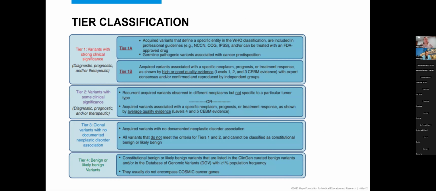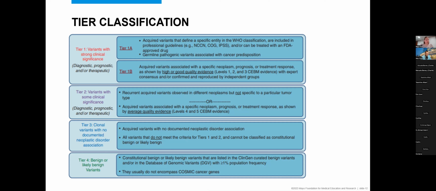So acquired variants and variant patterns, for that matter, that define a specific disease state or entity in WHO or professional guidelines would be a tier 1A. Tier 1B is something that has good quality evidence and has clinical relevance within that specific neoplasm.